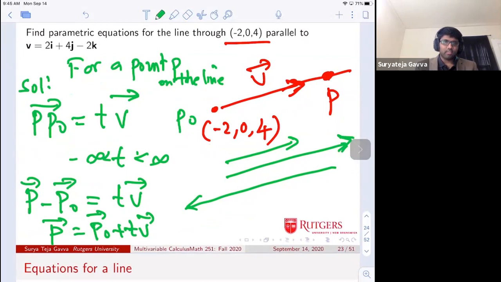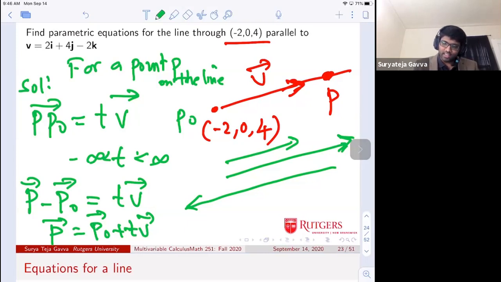So you have these coordinates, right? P is a point, but you can think of OP0 as a vector. T represents the scaling. V is the vector that you are given, and T is how much you need to scale that vector to get your point P. If you are scaling more and more, you get all the points.